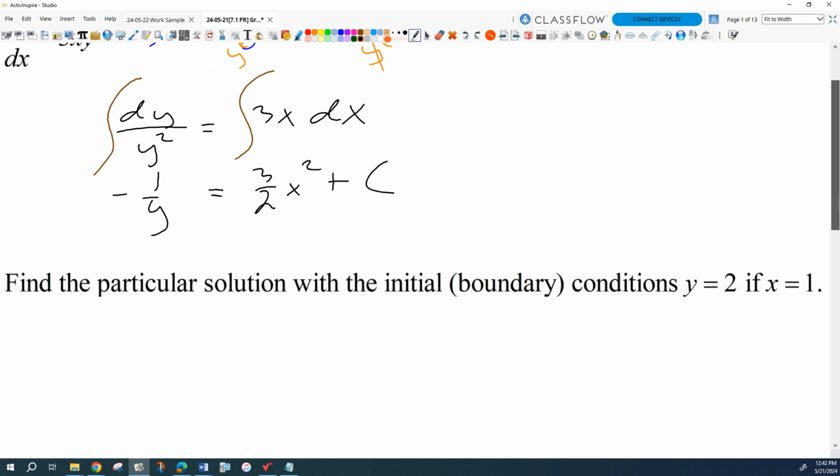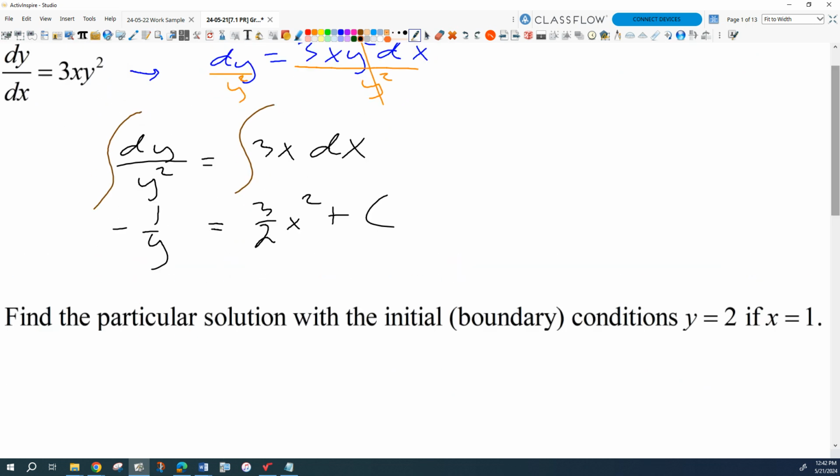We don't really have to, but we could if I wanted to multiply each side by -1. Say we call that C1. If I multiply each side by -1, I would just get 1 over y equals, we'll call it C instead of C1, C minus 3/2 x squared.